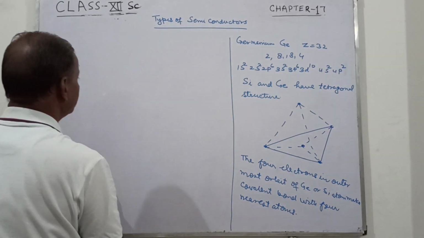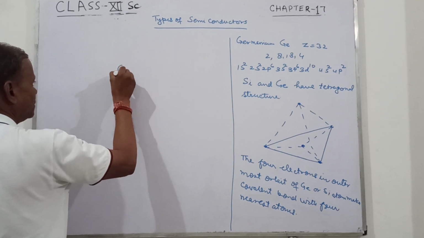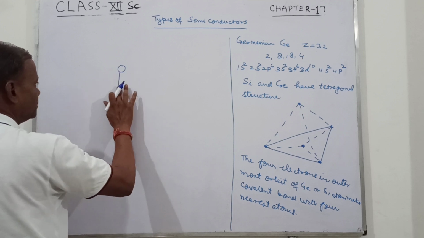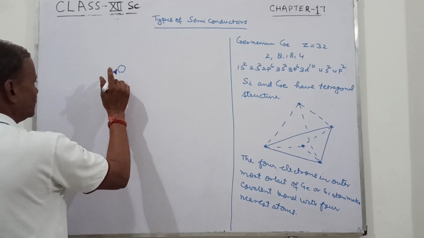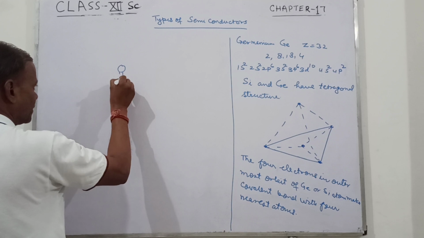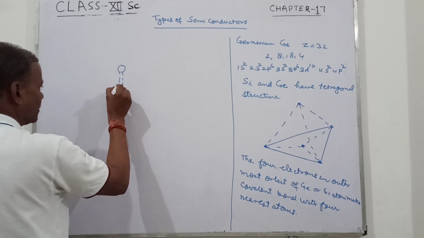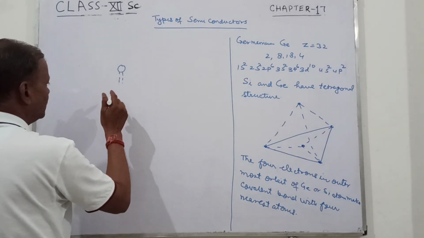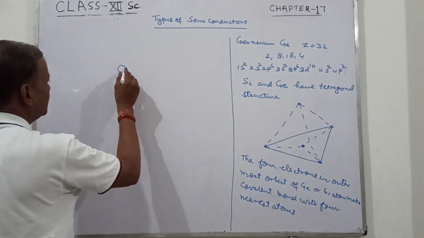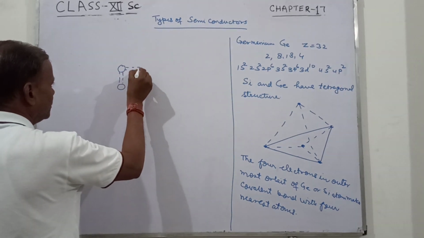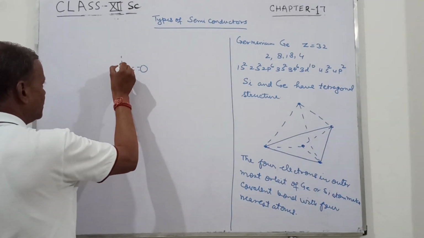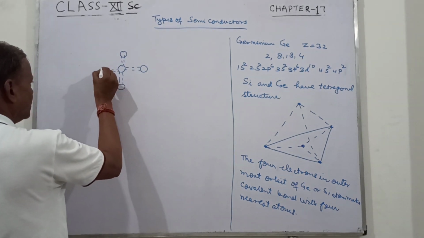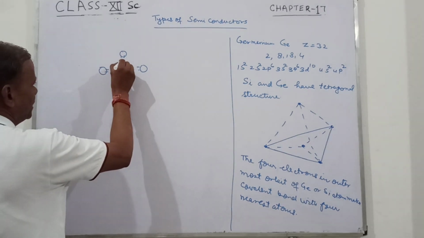So here it is like this. Let's suppose this is an atom. Then this is the electron.